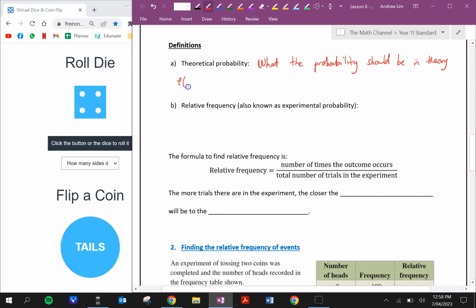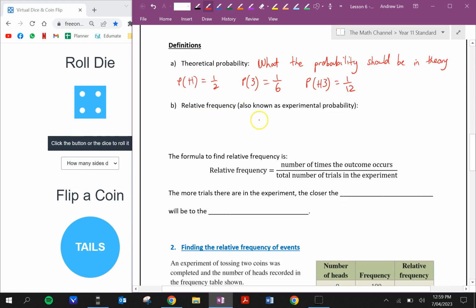So for example, the probability of heads should be half. The probability of rolling a 3 should be 1 out of 6. The probability of flipping heads and getting a 3 should be 1 out of 12.